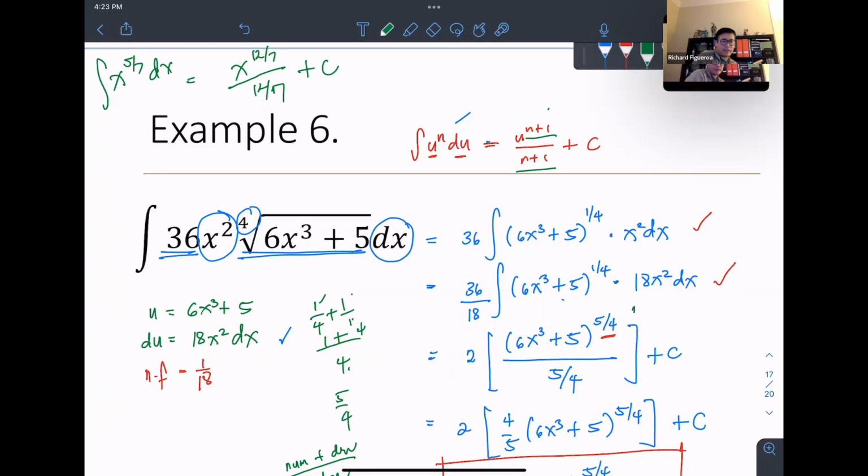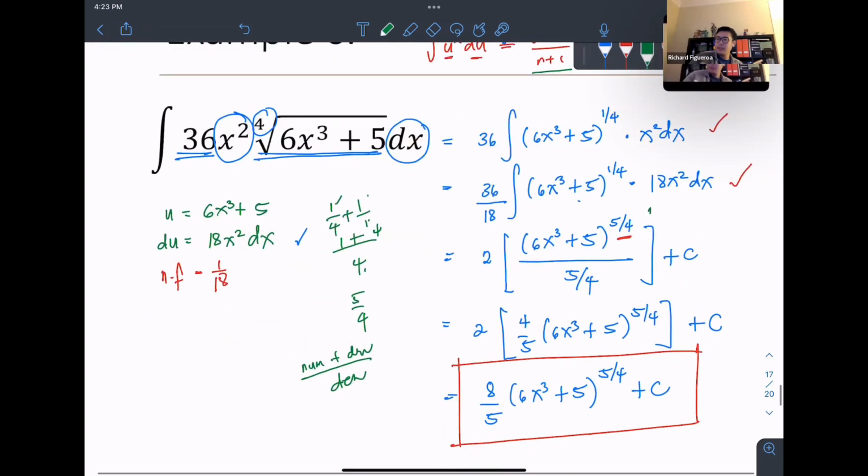Yes, Aaron. Sir, lagi po ba may neutralizing factor? Not necessarily. Okay. So kapag dinerive mo siya, kamukha na niya yung ito. For example, let's say ang u mo, it's 8x squared.